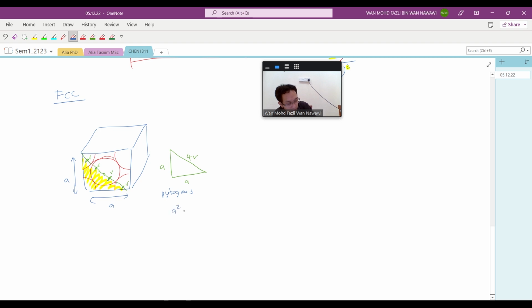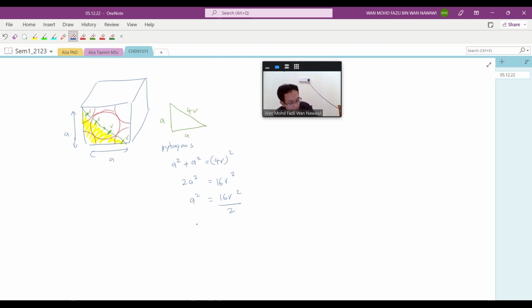So A squared plus A squared equals 4R squared, giving you 2A squared equals 16R squared. Then you can correlate A squared equals 16R squared over 2, making A equal to the square root of 16R squared over 2.